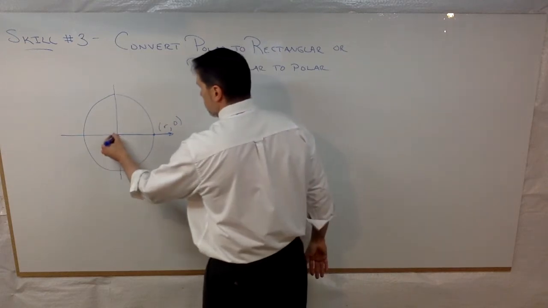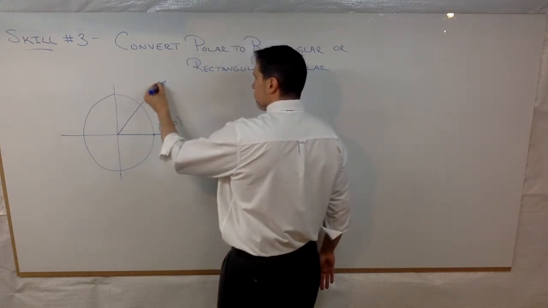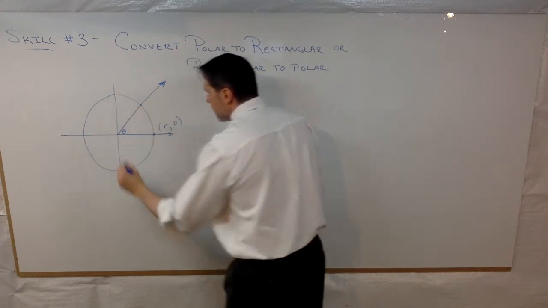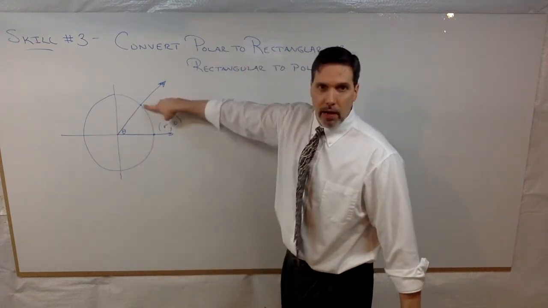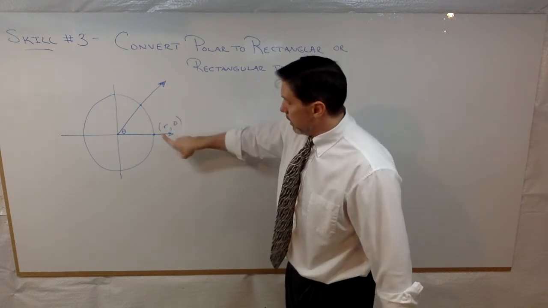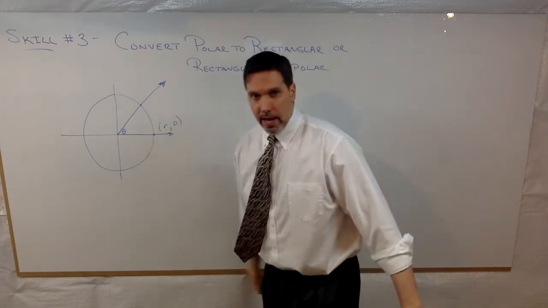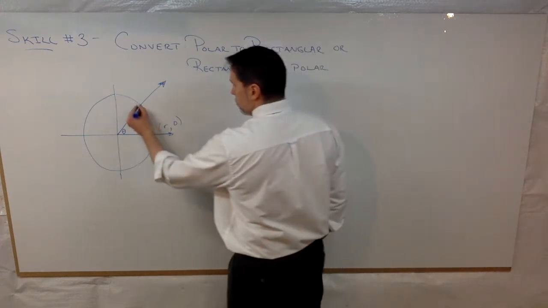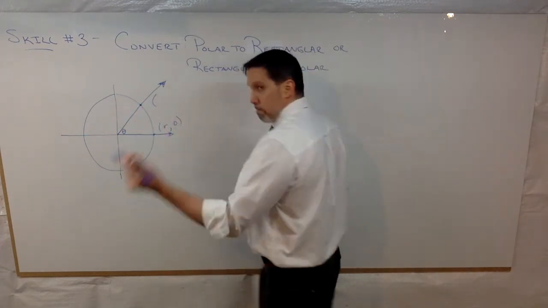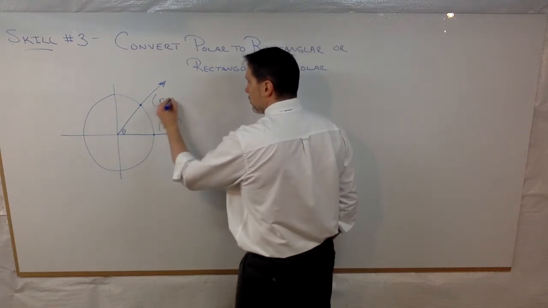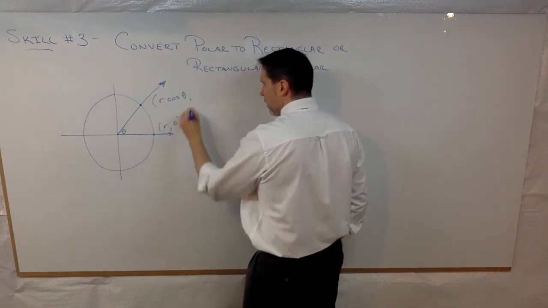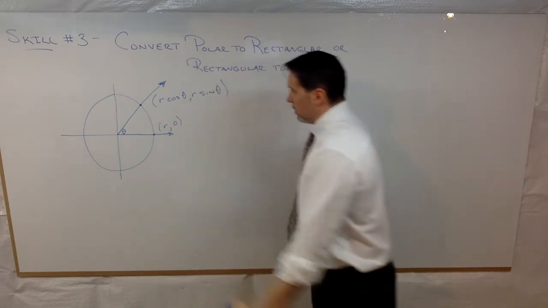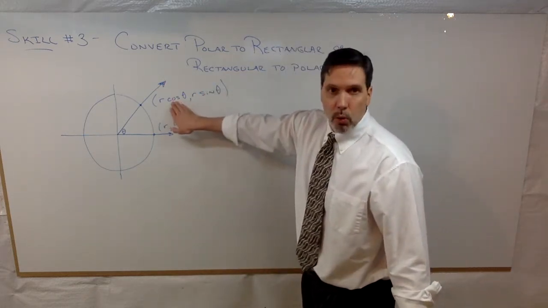Let's just make things simple. That point of intersection, I should be able to figure out by just knowing the radius of the circle and that angle theta in standard position. This point here, if you remember, is r cosine theta, comma r sine theta.